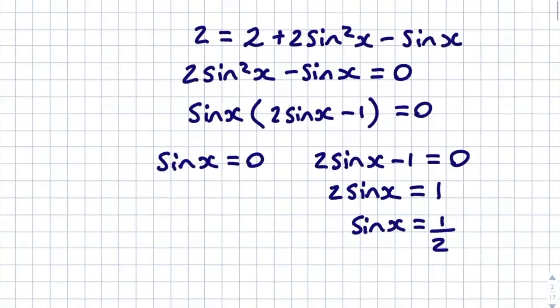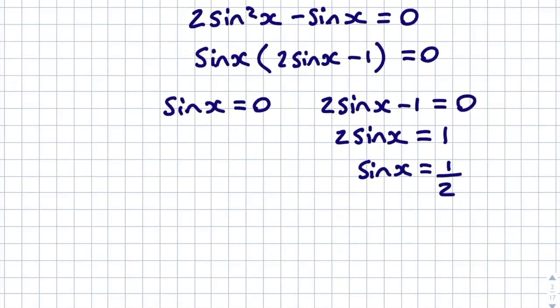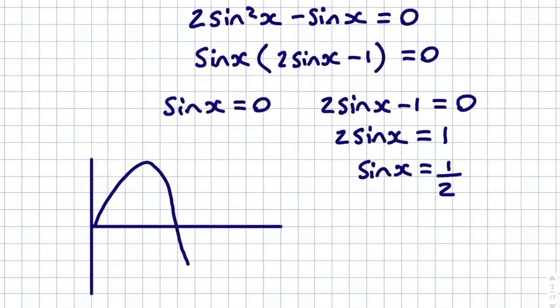Now what I'm going to do is draw the graph of sine x, which looks something like this, where we've got a y value of 1 here, and a y value of -1 here. And on our x-axis, this is obviously going to be 0 degrees.